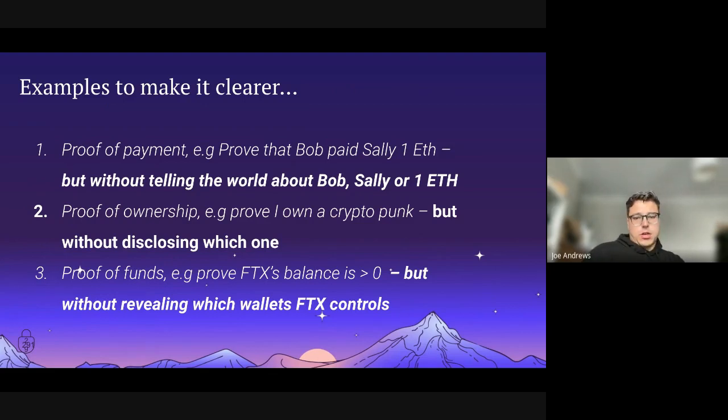Again, in the CryptoPunk example, I can prove that I'm part of an NFT community without revealing who I am or which NFT I have. So a lot of this came out of some of the NounsDAO work, which we'll talk about in a minute. But this enables private voting semantics, not revealing who you are when you're voting.